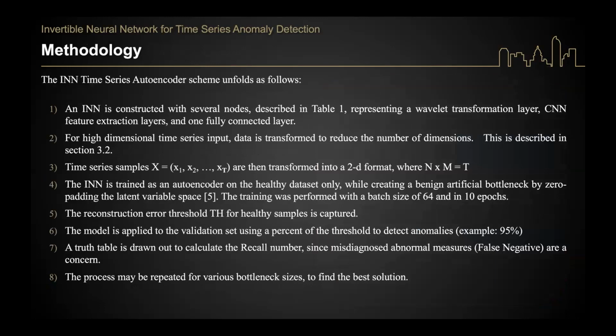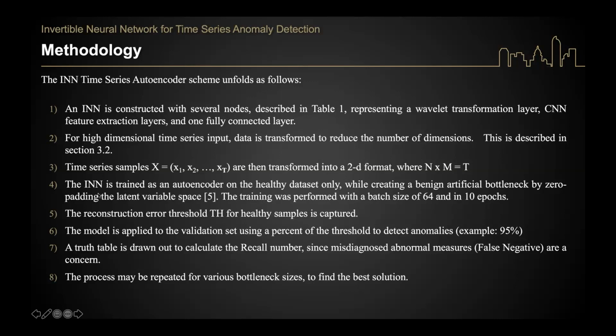So the INN was constructed. It was described in the previous drawing. There were some wavelet transformations in there, as well as convolutional ones. As I mentioned, that high-dimensional time series input was transformed to reduce the number of dimensions, and then 2D transformations were applied to it.